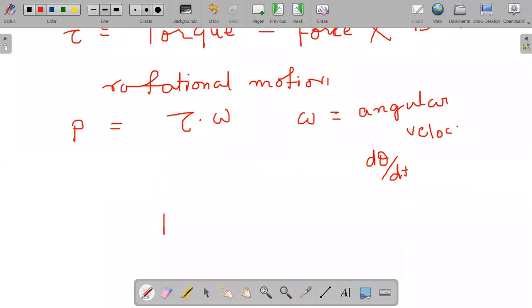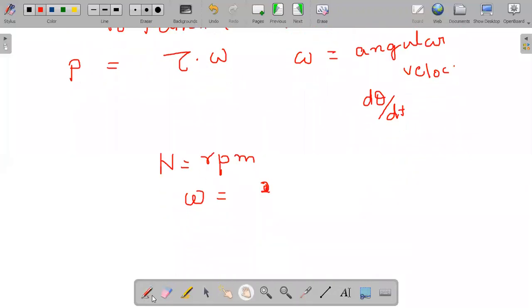And if n is given in rpm, rotation per minute, what will be the omega? 2 pi n upon 60. देखो हाँ ऐसा ही कुछ होगा.